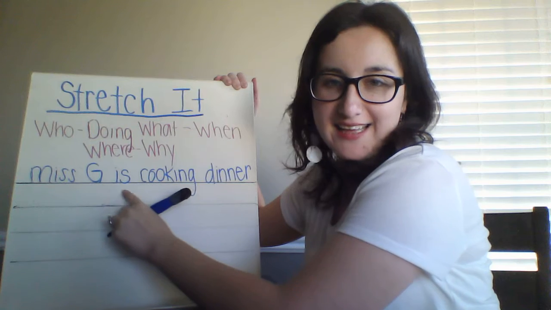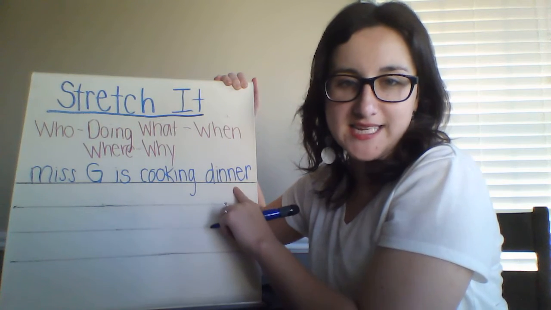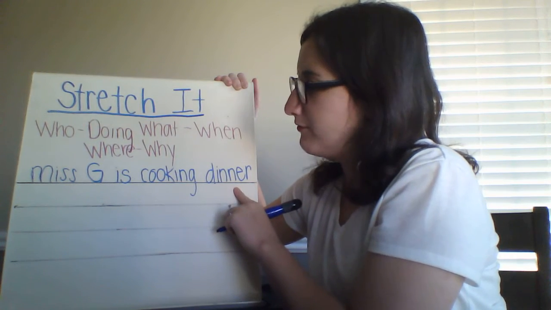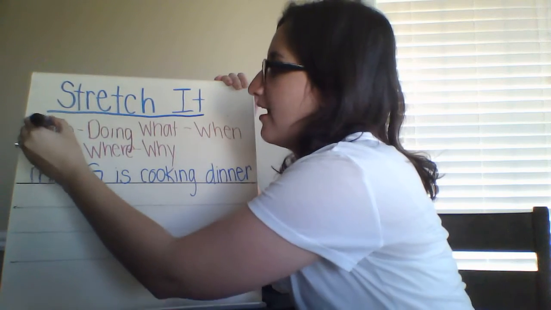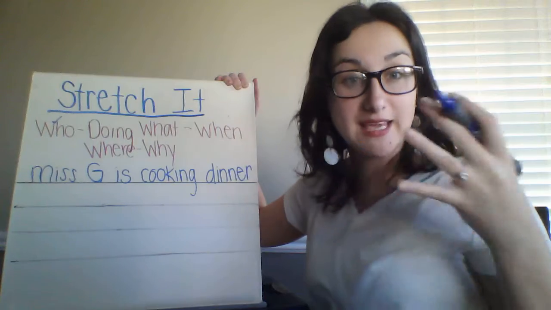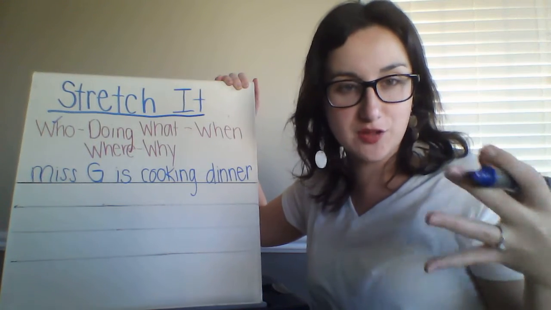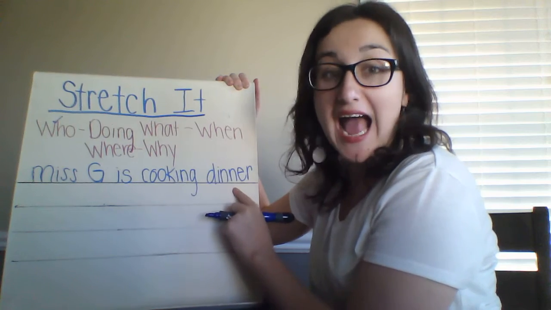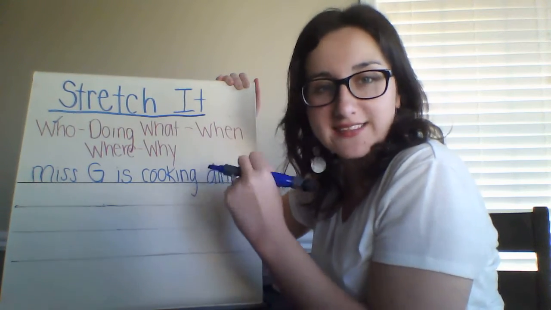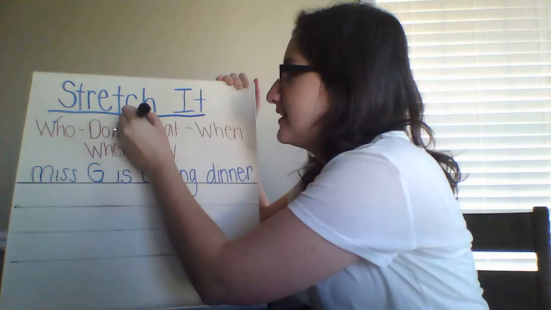Miss G is cooking dinner. So far, I have Miss G, so I have a who, because Miss G is the character or the person in the sentence. Is cooking dinner. I have a doing what. Cooking dinner is the action in the sentence.